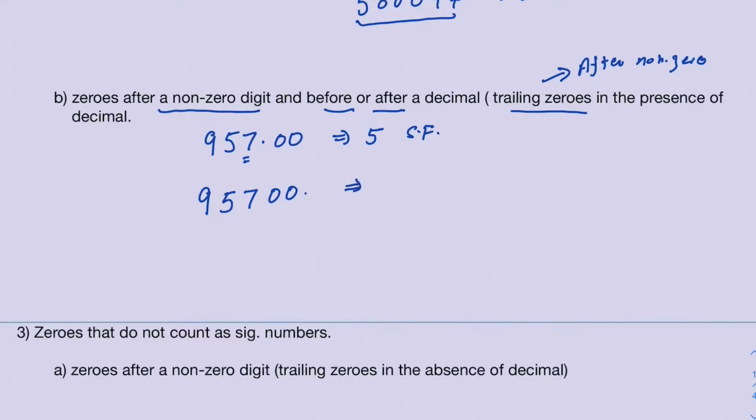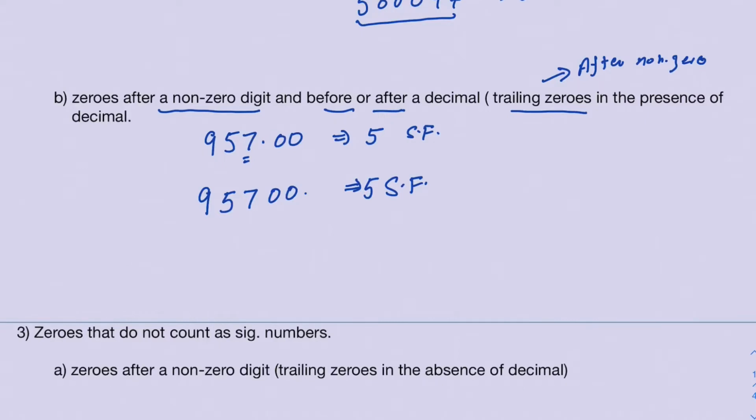Again, these zeros are still the trailing zeros, and there is a decimal, so they would count as your sig figs. Keep in mind, as long as you have trailing zeros in a number that contains the decimal, those trailing zeros would count as sig figs.